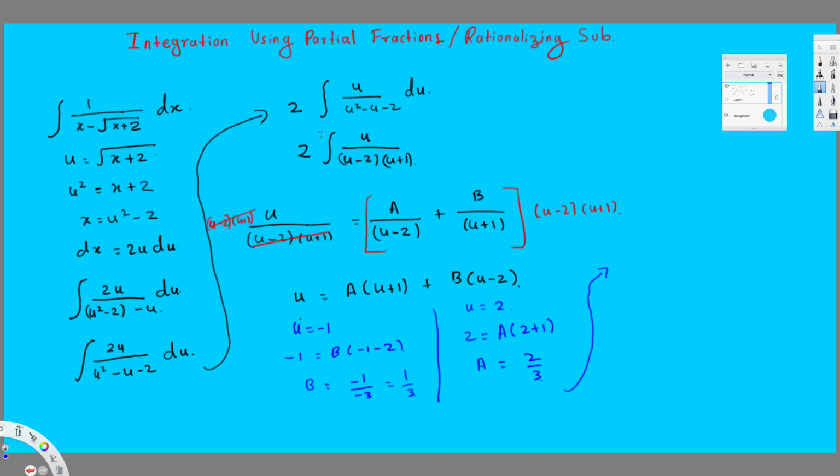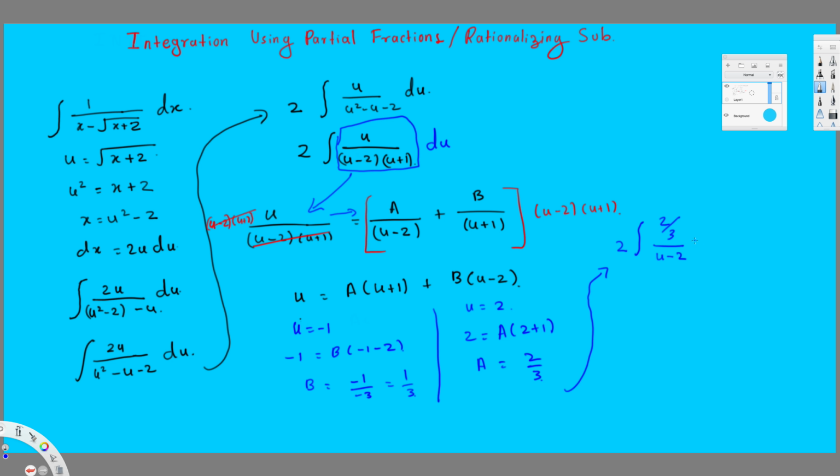So we have this function that is 2 times the integral of, I brought this part and did the whole thing. We have a du also right here. So I took this part and did this thing, right? So I'm going to put this one back right here. This is equal to this. So let's put it. A is equal to 2 by 3 over (u minus 2).